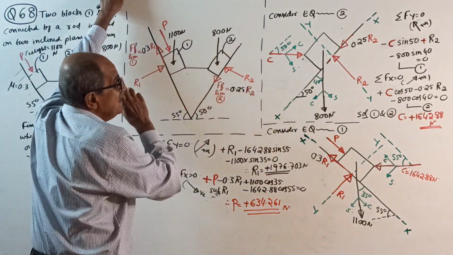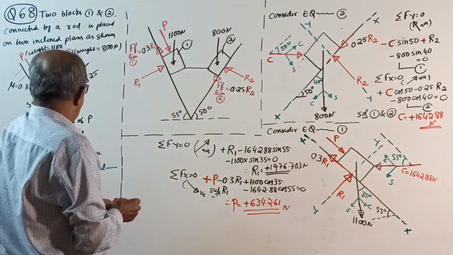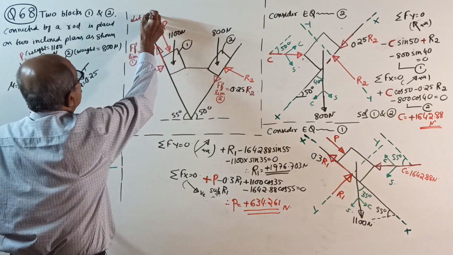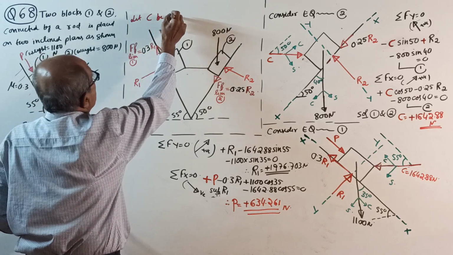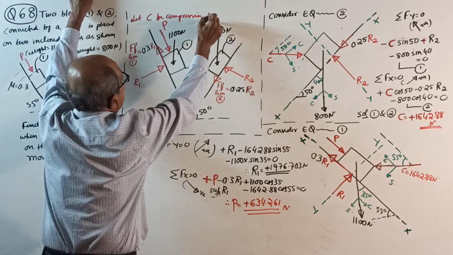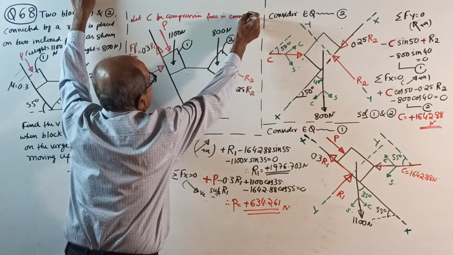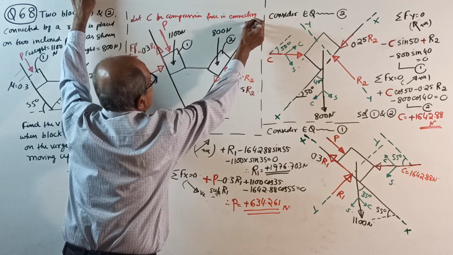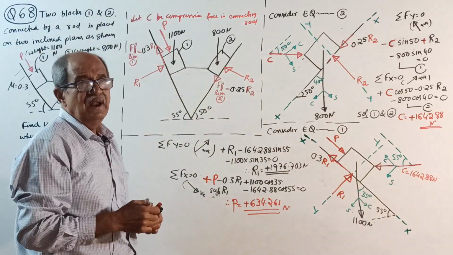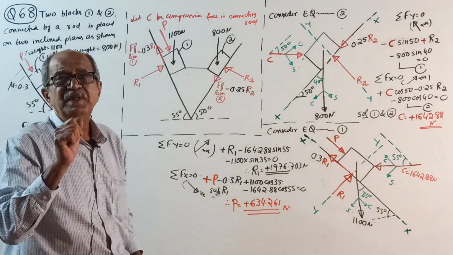And one more thing, see, no data is given regarding the rod. So you write the statement here: let C be the compression force in the connecting rod. In one examination, the same question was given, but they told the weight of that rod.